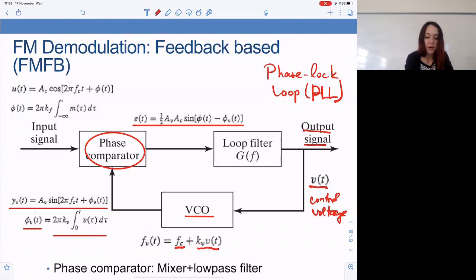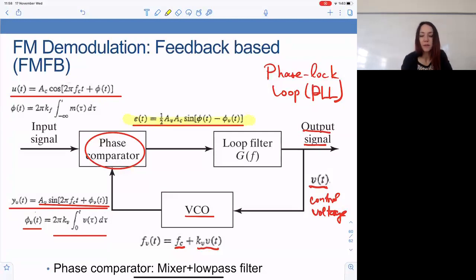When we multiply this waveform, cosine(2 pi fc t plus phi(t)), with this waveform, sine(2 pi fc t plus phi v(t)), and low pass filter, the result we obtain is such a signal.